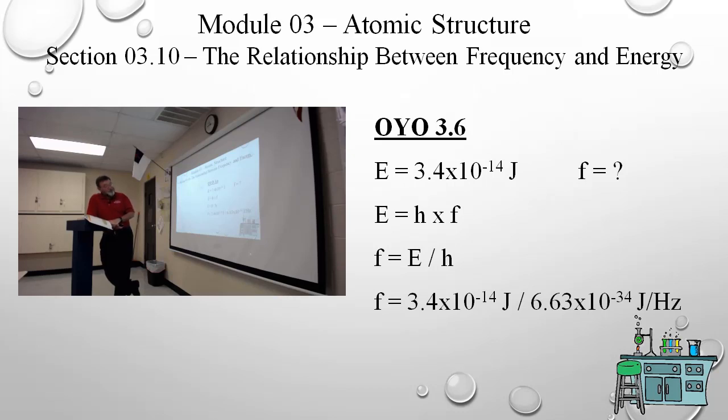Subtract them. So I'm going to take negative 14th minus a negative 34th. Subtracting a negative is the same as adding a positive. So negative 14 plus 34 equals positive 20. Good.